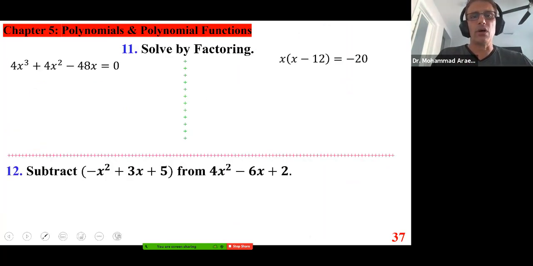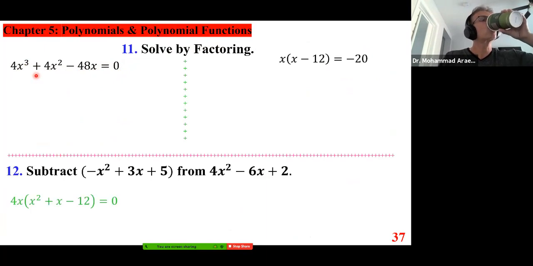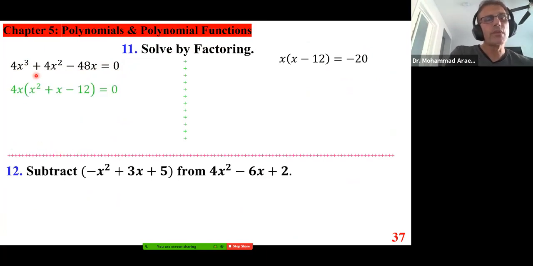Now we want to solve by factoring. So let's see how it's done. The very first step is to make sure everything is on one side when you want to solve by factoring. So let's go with a GCF of 4x. Now we want two numbers. The product is -12.